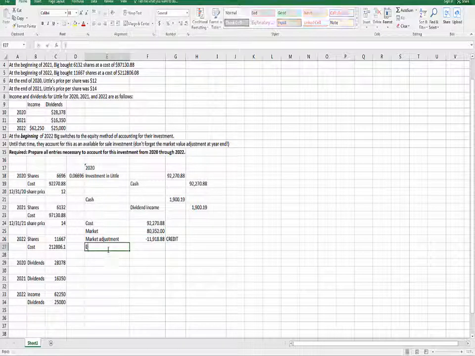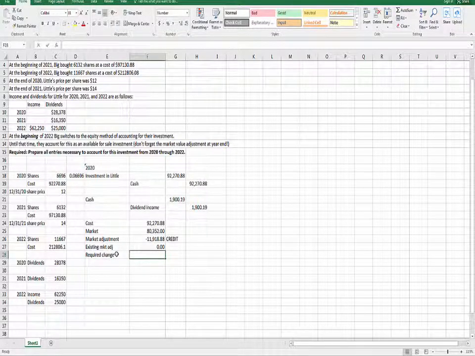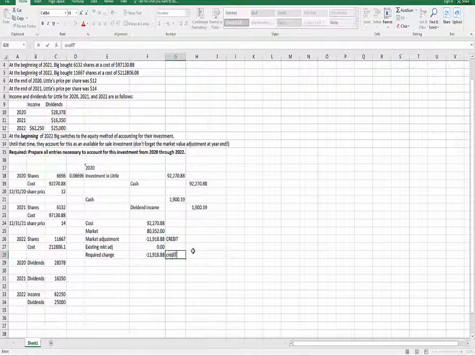The existing market adjustment is 0 because this is our first year, and so the required change is going to be the $11,918.88 credit.